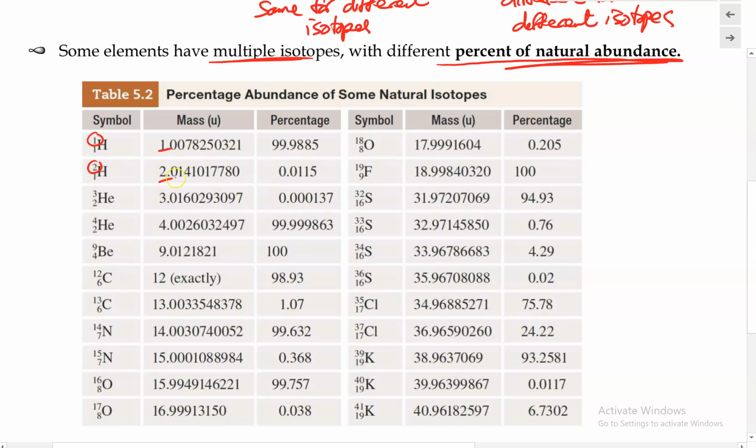These are the masses in AMU, and these are the percentages of abundance of the two isotopes of hydrogen. So in nature, 99.99% of all hydrogen would be the hydrogen 1 isotope, whereas a small amount, 0.0115% of it, has the mass equal to 2.